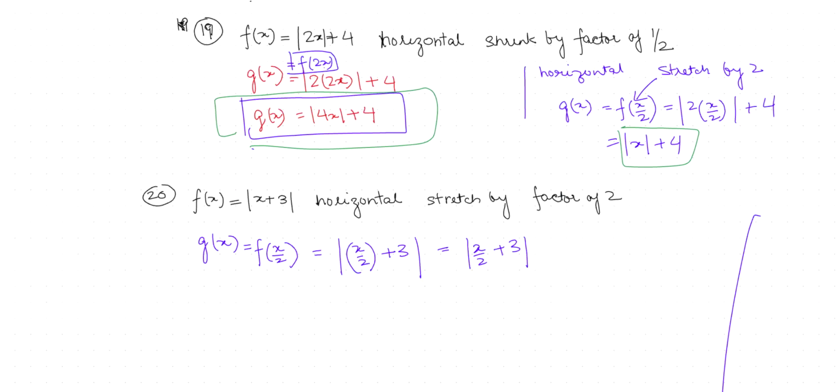Okay, so in the question, actually, it was a factor of 4. So it doesn't make a difference. The concept is still the same. In the book, it is written horizontal stretch by a factor of 4. So what we'll do is we'll write here f of x, x plus 3, and horizontal stretch by 4.